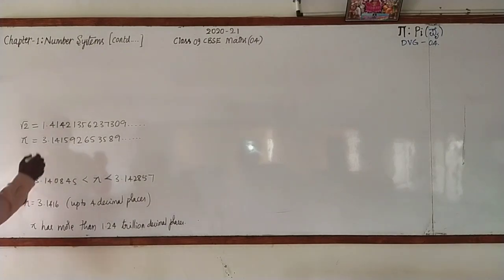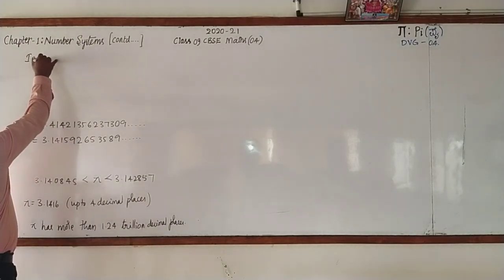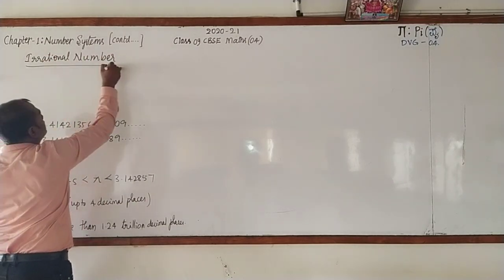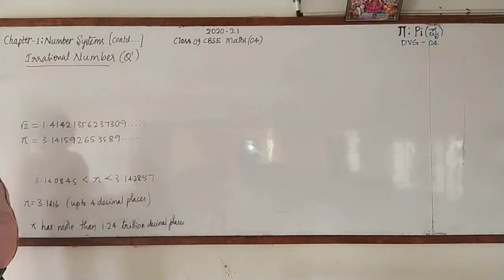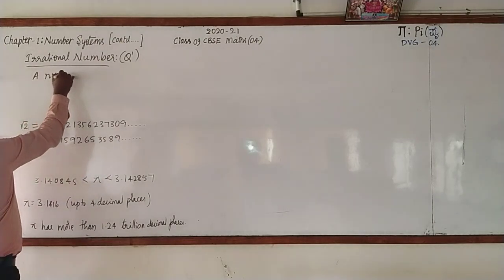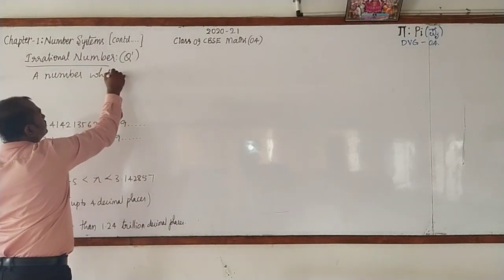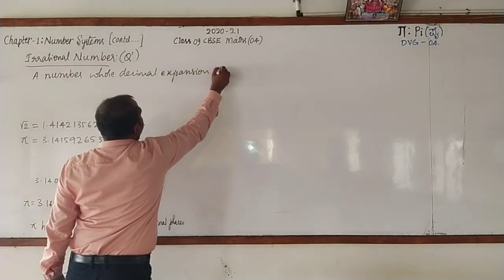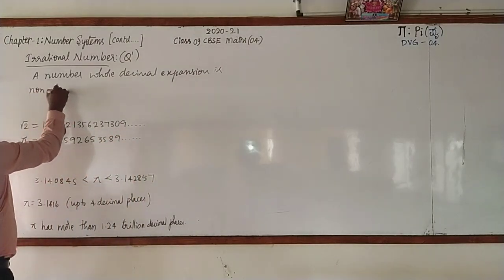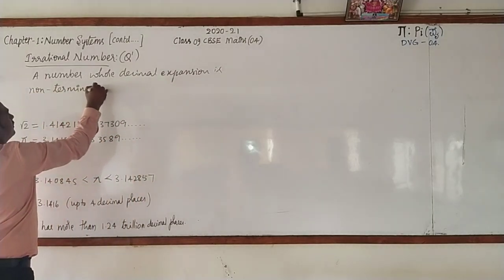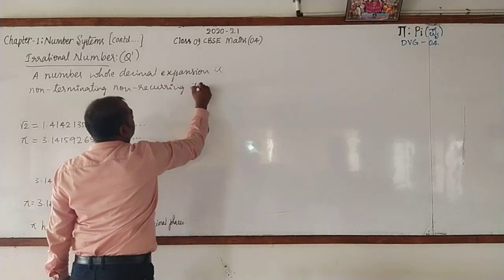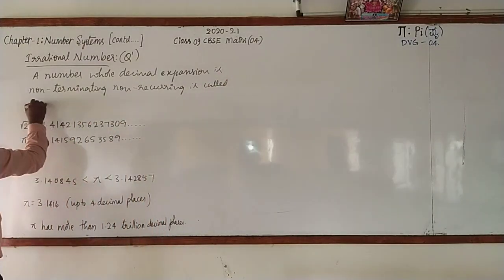Please write the side heading, write with me: irrational number. And an irrational number is denoted by the symbol Q dash. Let me write the definition, write with me. A number whose decimal expansion is non-terminating, non-recurring is called an irrational number.